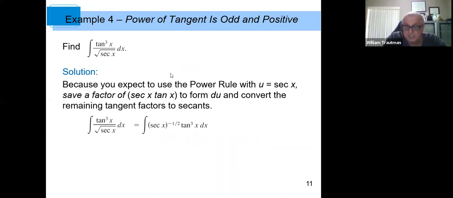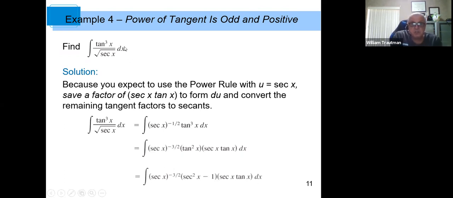Sometimes it's hard to see exactly what they did in a step, and I'll show you in the homework. So we took a secant out and a tangent out, and then we converted tangent squared to secant squared minus 1.